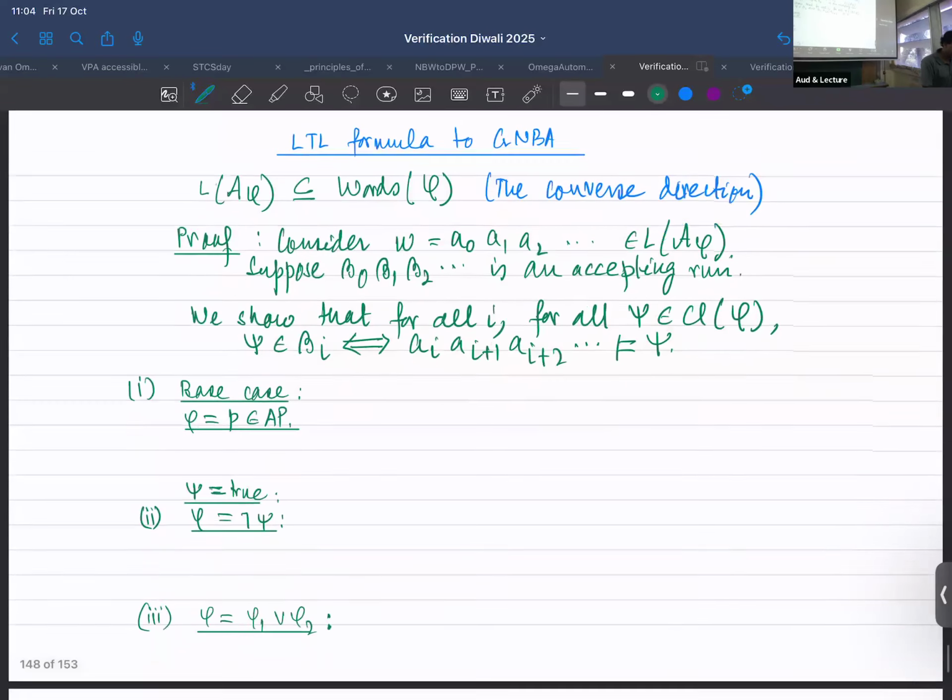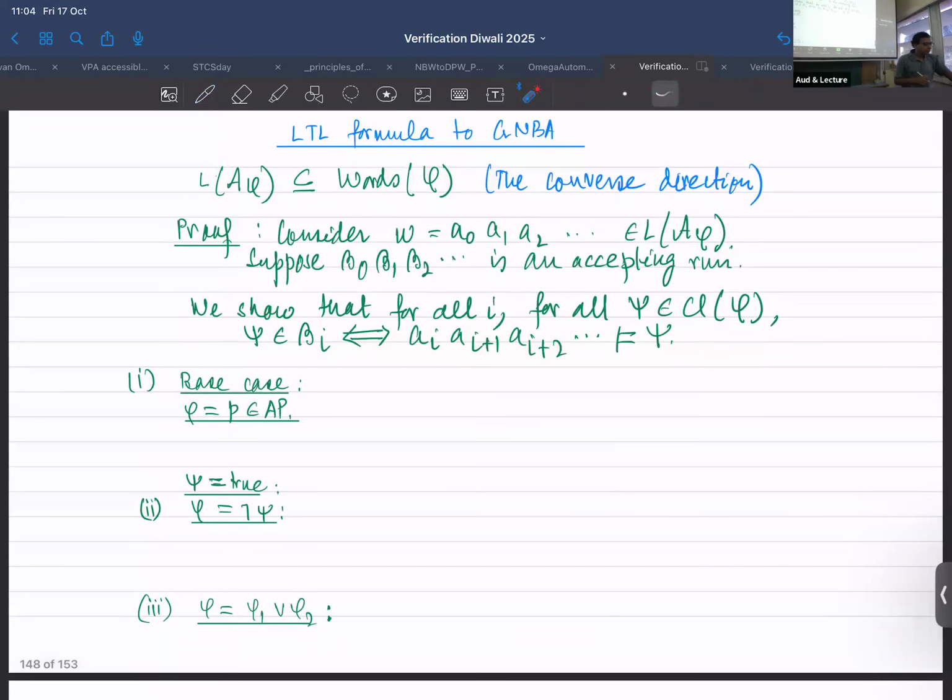So for the other direction, suppose we consider the word W, which is in the language. Since it's in the language, you should have an accepting run corresponding to that word. Suppose beta 0, beta 1, beta 2 and so on is that run.